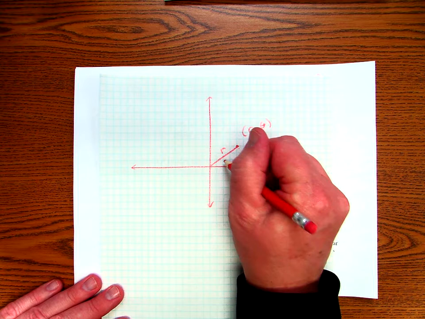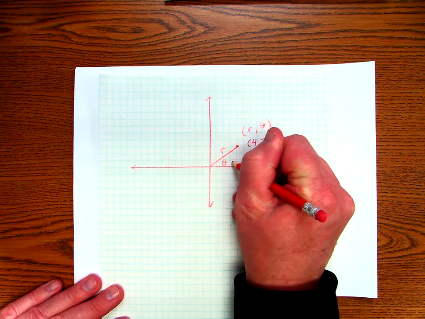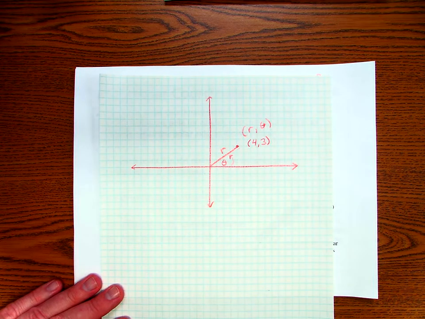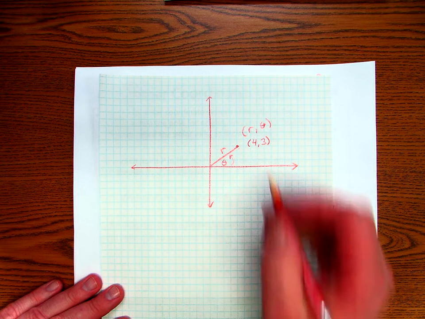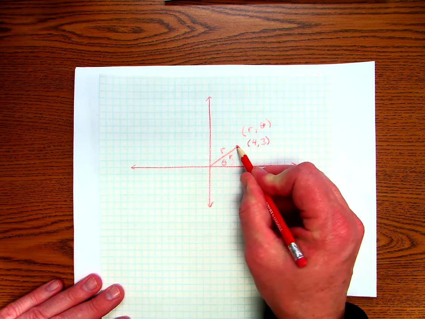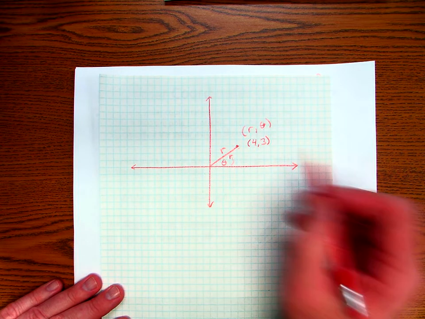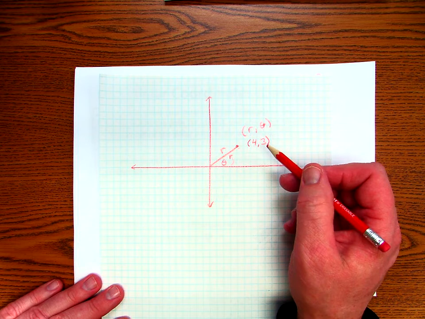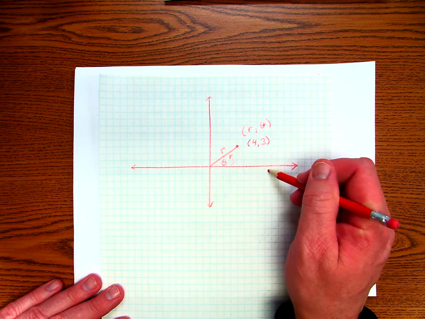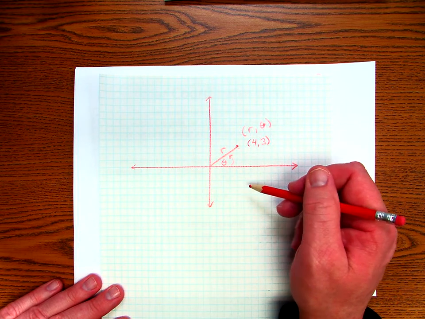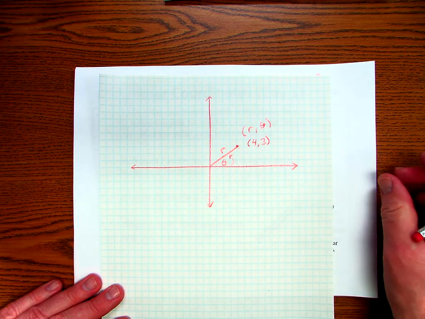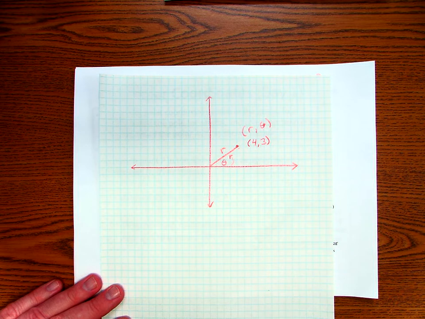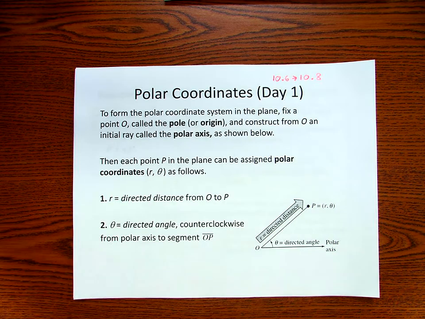And theta is going to be how many degrees or radians we are rotating up to that particular line that gives us the distance from here to here. So instead of an xy, it's going to be an r theta. Lots of similarities between what we're doing here and what we did with angles in standard position, but there are going to be a couple of differences. All right, now on to the PowerPoint at hand.